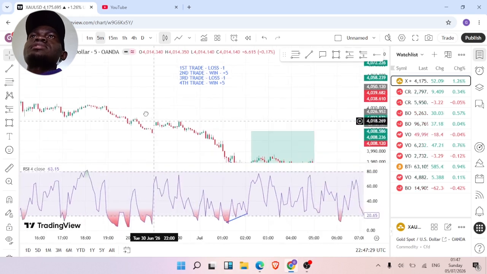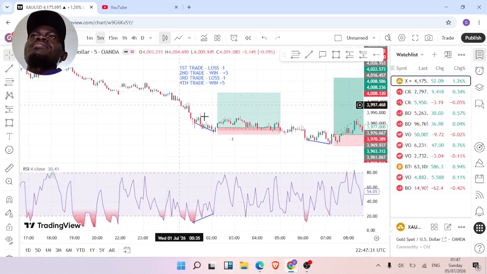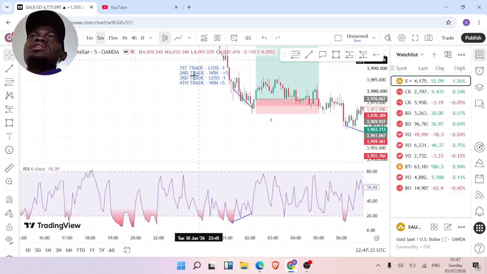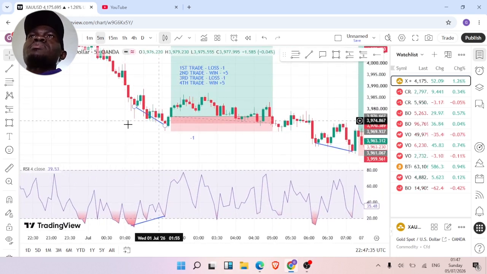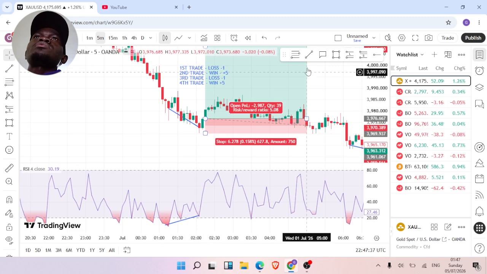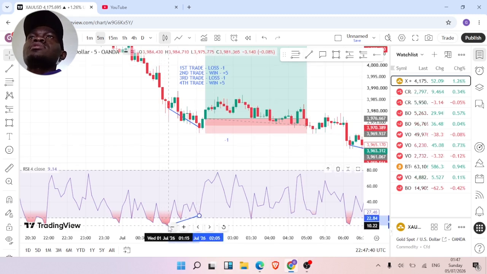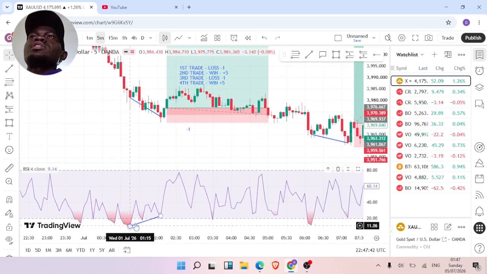Where we had the next setup is right here. You can see price giving us lower lows, and RSI is giving us the opposite, which is higher lows, like that.